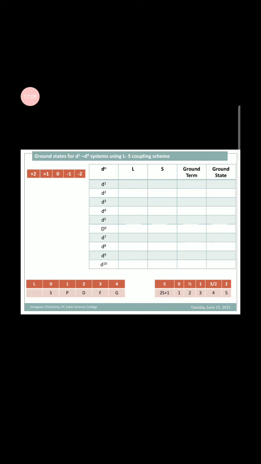Here are some examples of calculating the ground term and ground state for the d1 to d9 systems by using the LS coupling scheme.